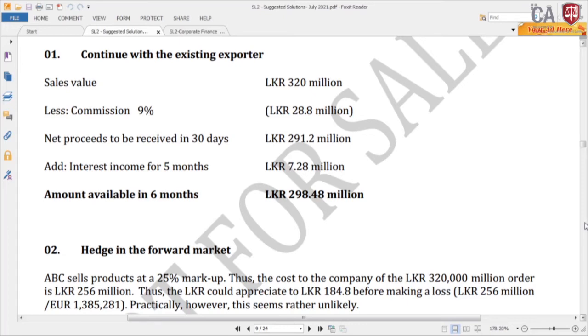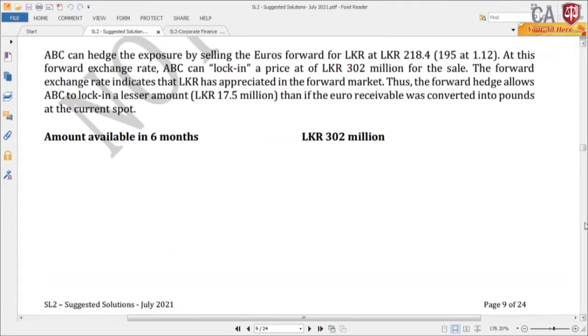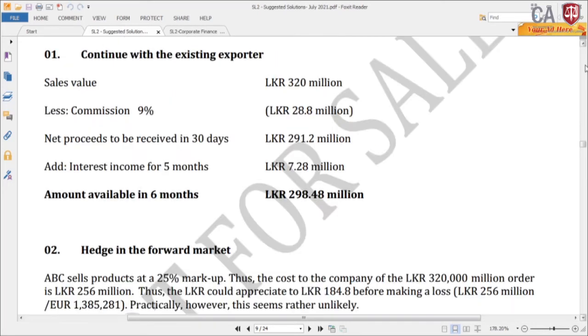At today's exchange rate, the 320 million is worth how much?